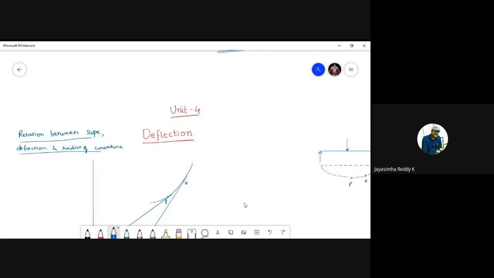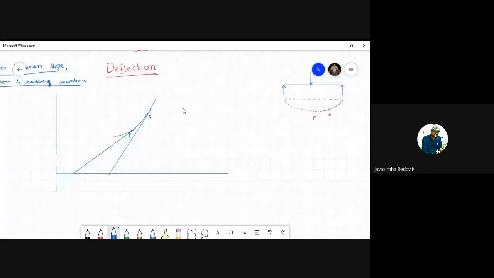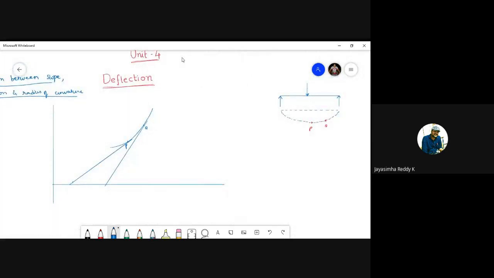All of you please listen carefully. Only if you know how I have derived this relation will we be able to solve problems very easily. So let us consider a simply supported beam like this, with a force applied at the center.